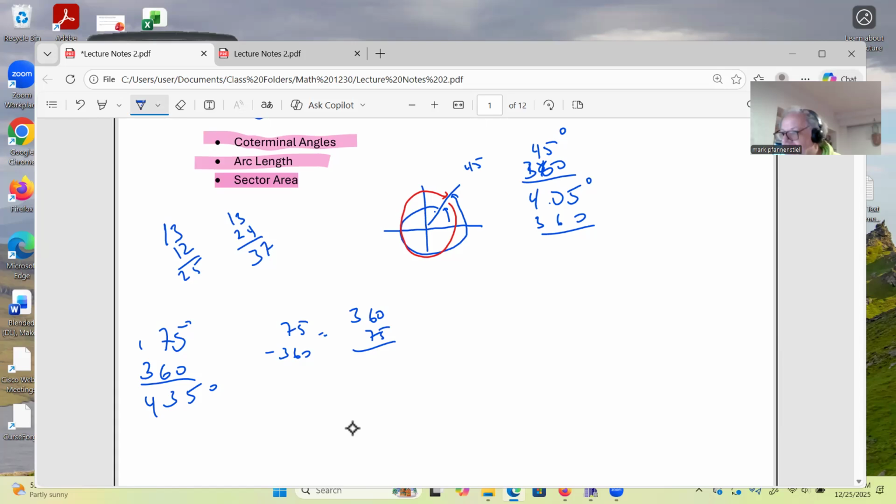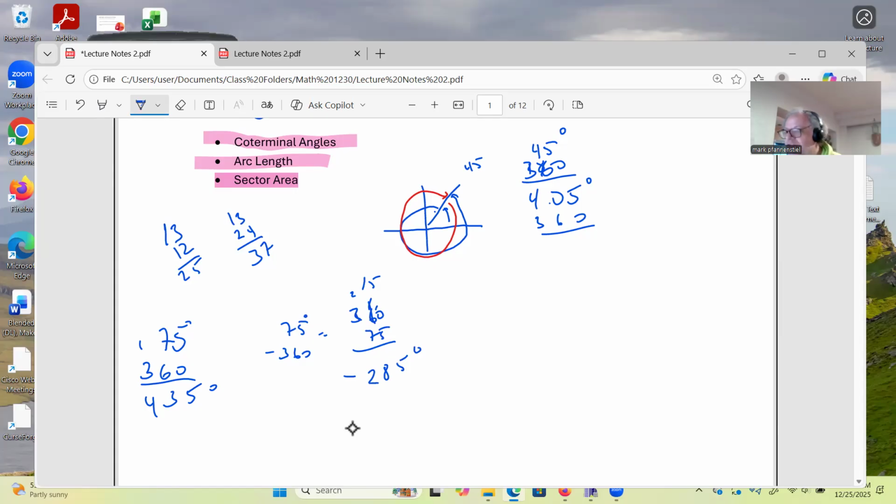So that's going to be a 15 here and then a 5. 15 minus 7 is going to be 8. And then we end up with a 2, but we know it's negative. So negative 285 degrees, or 435 degrees. Those are both coterminal to 75 degrees.